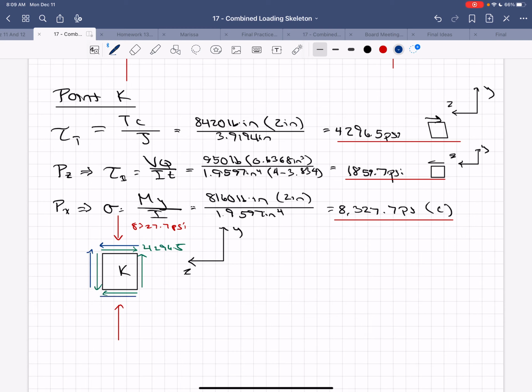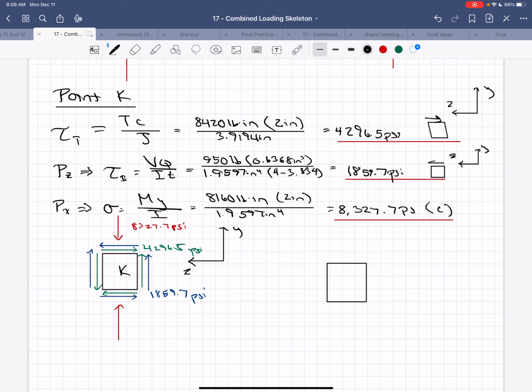So when we add those together, see which one is bigger. This is only 1859.7. So the shear stress from torque is bigger, so we'll be going in the direction of the shear stress from torque.